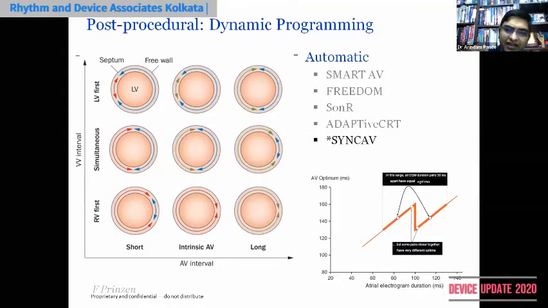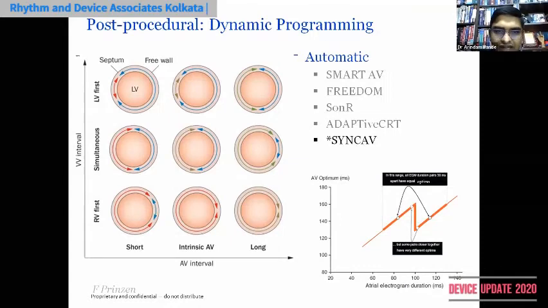You have very few things to do, but these algorithms we can quote: SmartDelay, SonR, adaptive CRT. We already discussed. There is SyncAV from St. Jude, adaptive CRT from Medtronic, and effective CRT is not yet available, though it has other advantages in atrial fibrillation patients. But mostly it is adaptive CRT which is the most current algorithm from Medtronic.